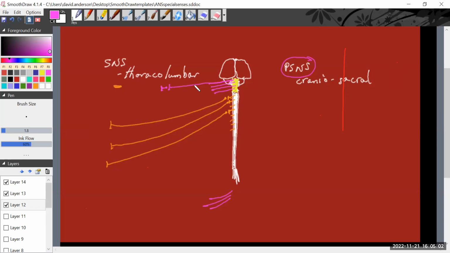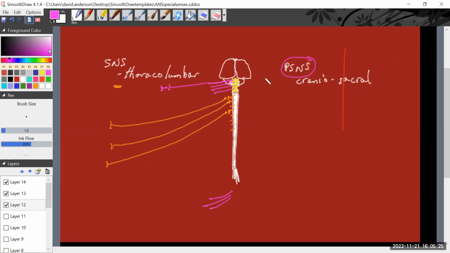But you can see our presynaptic neuron now went a long distance and the postsynaptic neuron went a short distance. So the parasympathetic pathway is opposite of what the sympathetic one was. That's what I'm hoping you see. Can you see that okay?